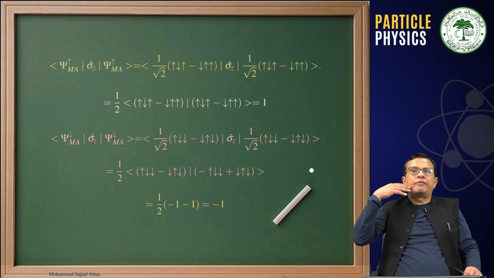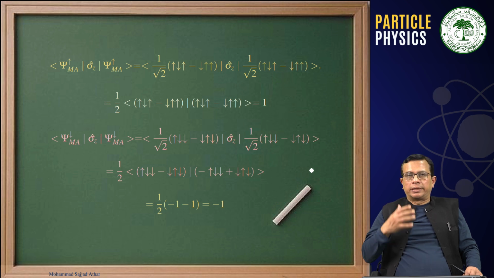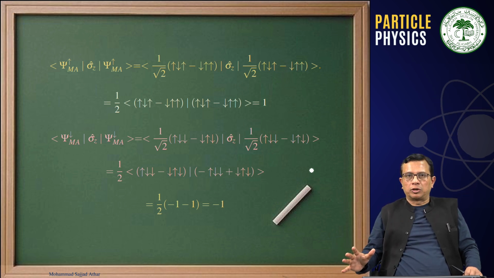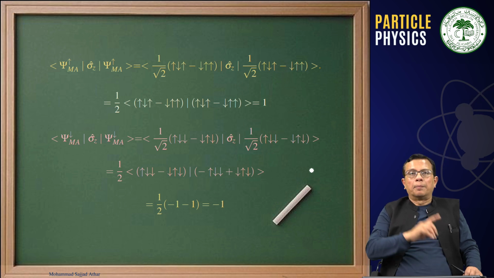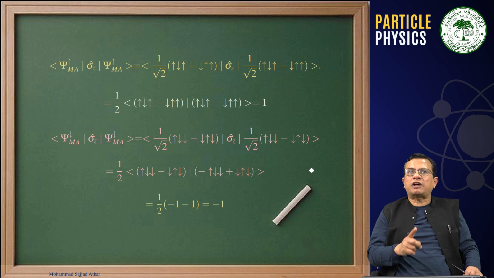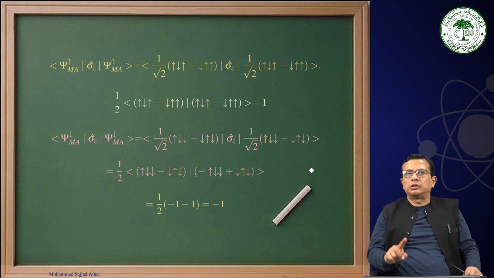Therefore, if we are evaluating the properties of proton and neutron, then the flavor wave function will be different for the proton and neutron, that we have seen. But for the spin wave function, if we are taking the spin projection to be plus half for the proton, then we have to take plus half for the neutron.